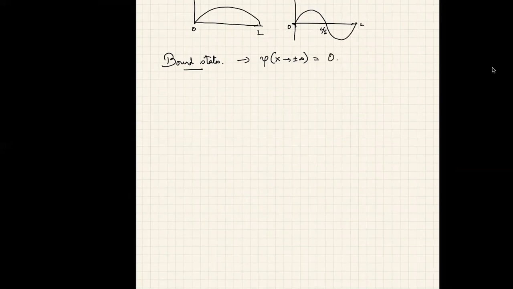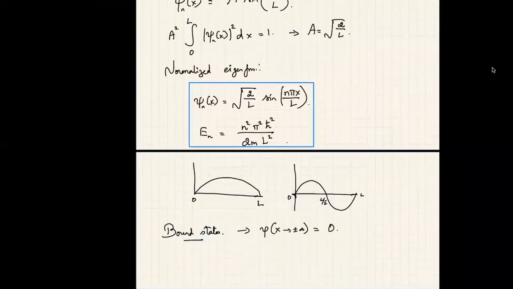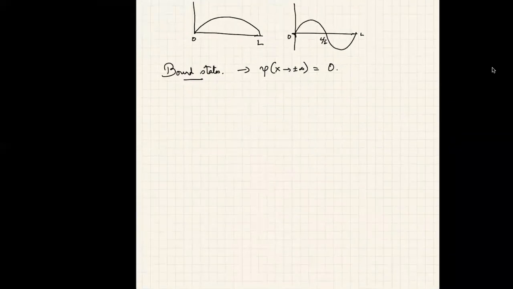Now the other important comment is that these states psi n are mutually orthogonal. So what does this mean? So psi n's are mutually orthogonal.